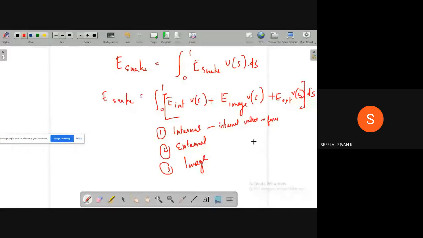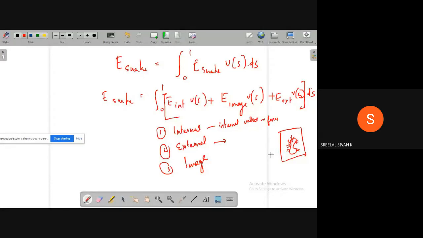External forces indicate the neighborhood pixel values beyond your object. Suppose you have an image like this. The internal energy indicates the pixel intensity values inside the object you are going to extract, and external energy means the energy which is external to that object.